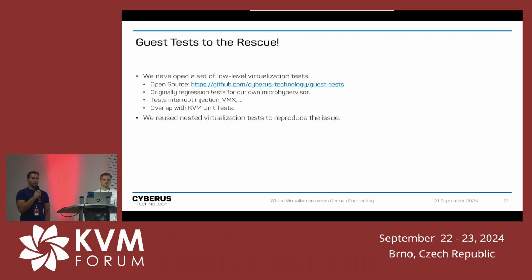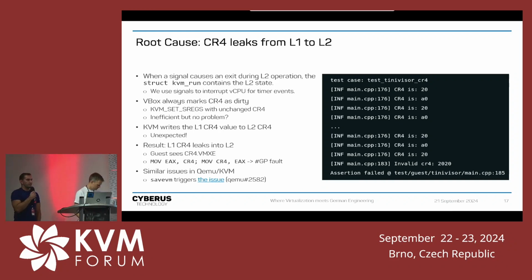We restarted it and re-implemented a new test that just checks the values for CR4 in the level 2 guest. We found the root cause. In certain scenarios, when we run the VM a while, we discovered that the CR4 value changes out of the blue. We don't even know what is going on there.